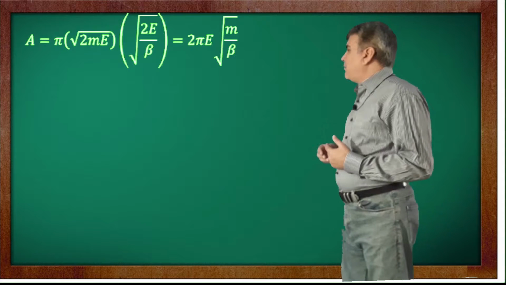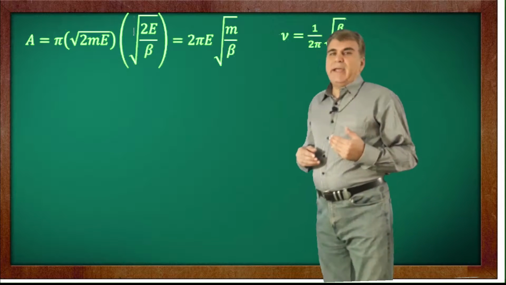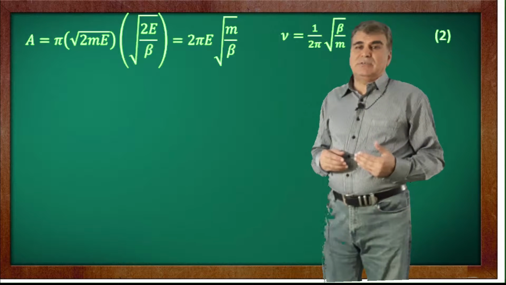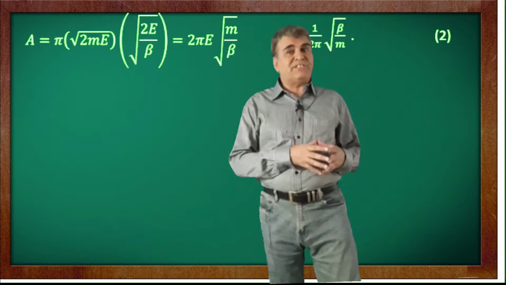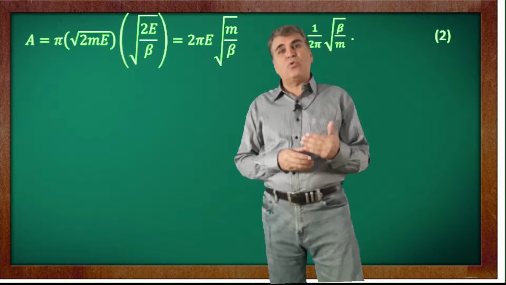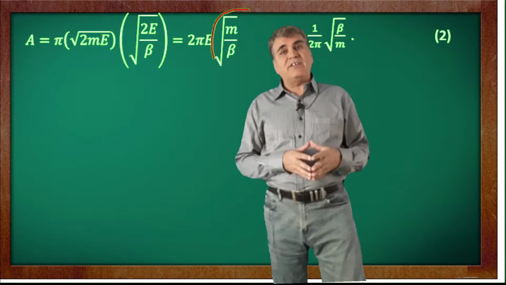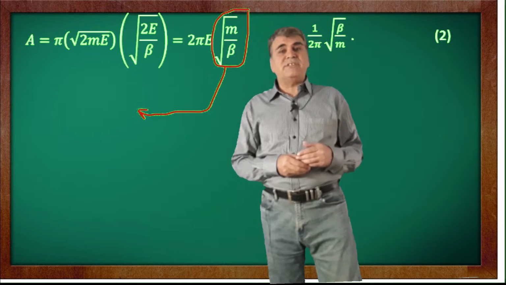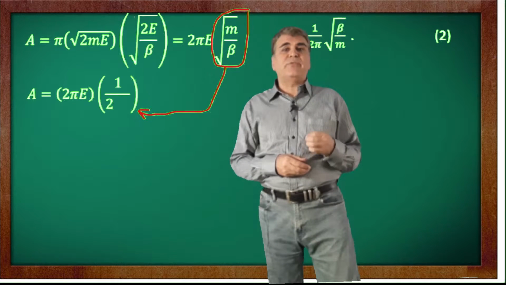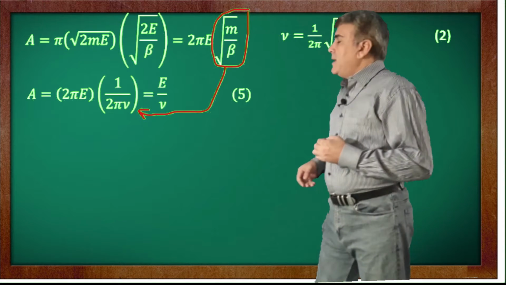Again, for a harmonic oscillator, both beta and m are hard to measure. Therefore, we need to replace them through a measurable quantity, and that measurable quantity is frequency, which can be measured in terms of wavelength. So using equation 2, the last equation can be expressed in terms of the frequency of a harmonic oscillator in the following way.